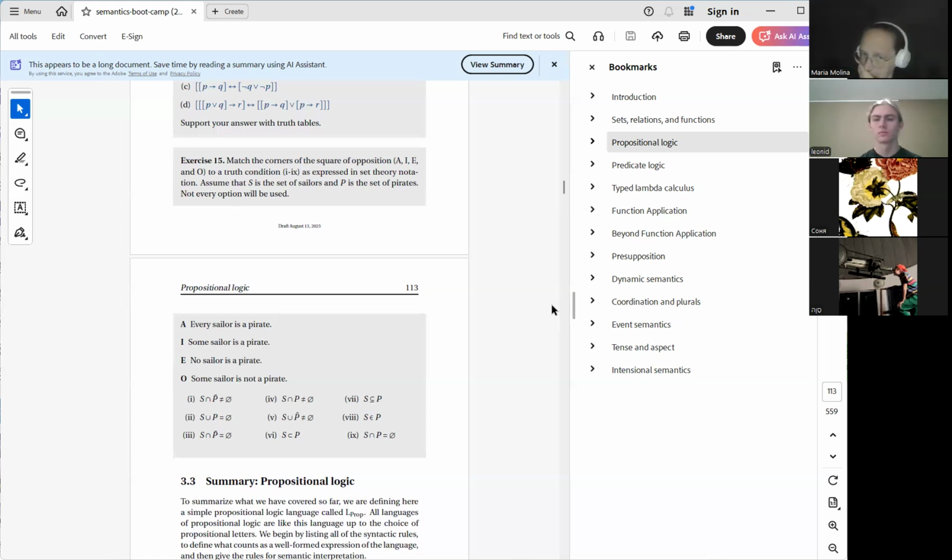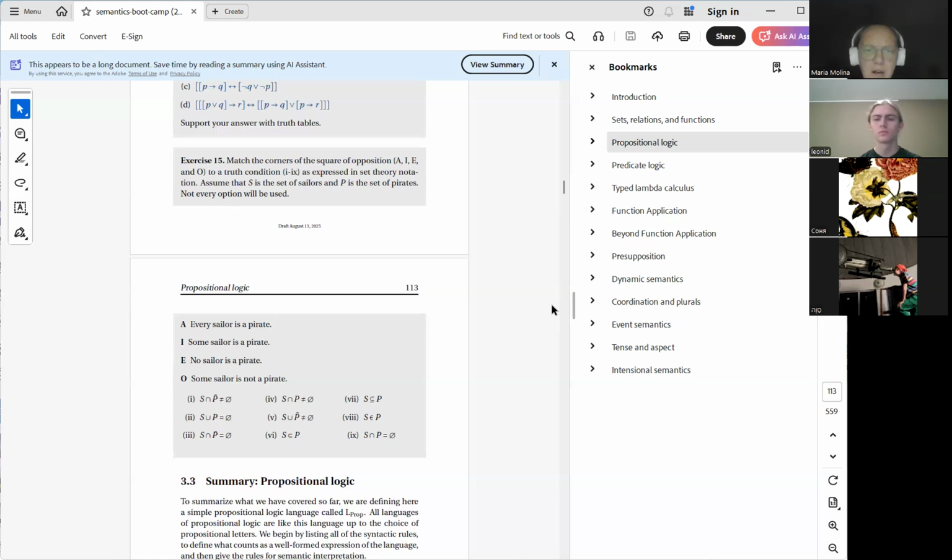So it basically says that every sailor is a pirate too. Number 3 says what? Intersection of sets sailors and pirates is empty. No, not number 9, number 3.